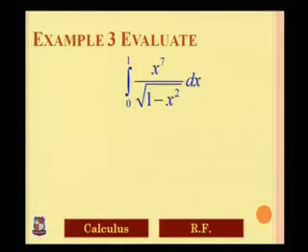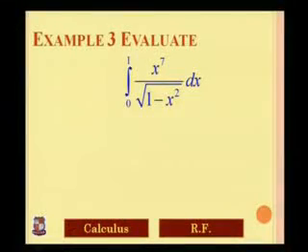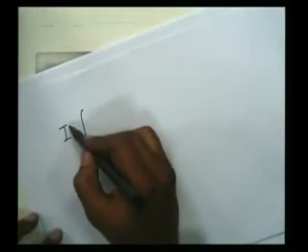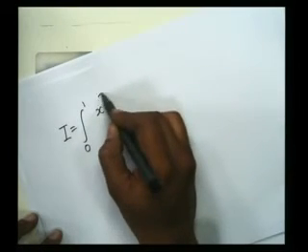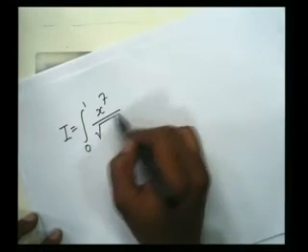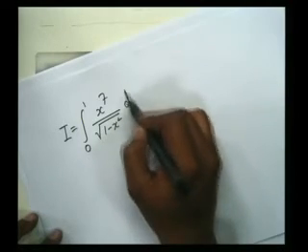Now in the next example, integral 0 to 1 of x raised to 7 divided by square root of 1 minus x square. To evaluate this integration, we have to use the substitution rule. I equal to integral 0 to 1 x raised to 7 divided by square root 1 minus x square dx.